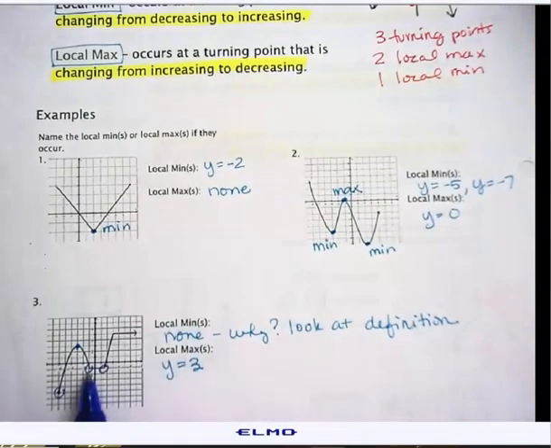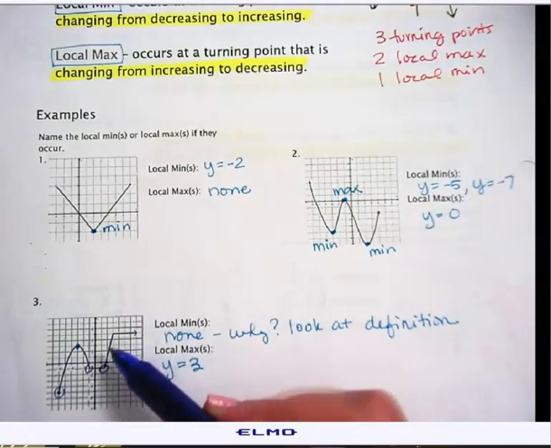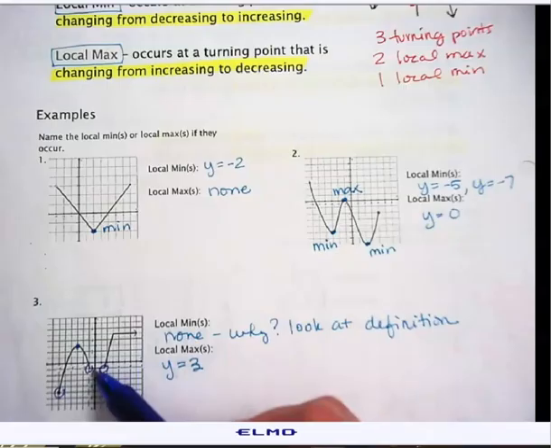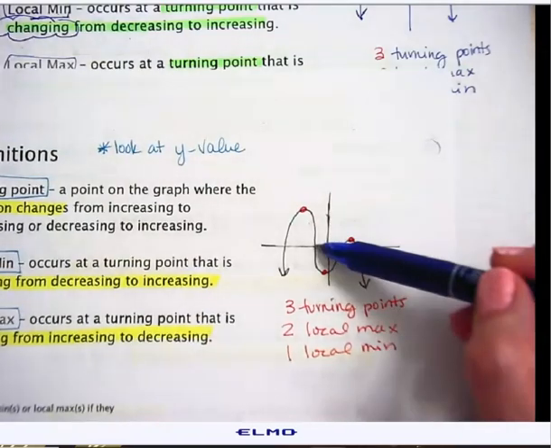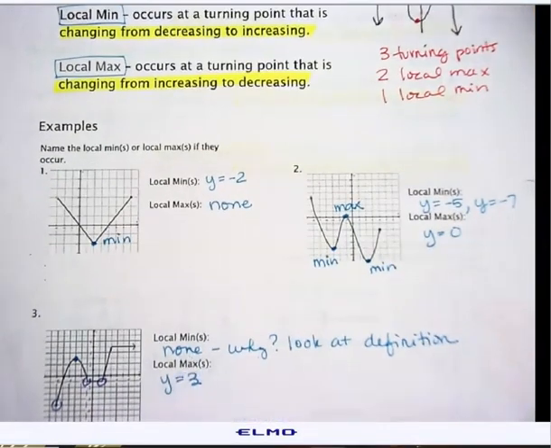So right here at this point, yes, it was decreasing first, but then it changed to a constant. It didn't change from decreasing to increasing at that point. And at this point, yes, it does change to increasing, but it's from a constant to an increasing, not from a decreasing section to an increasing section. So we would say no, that there are no local mins.